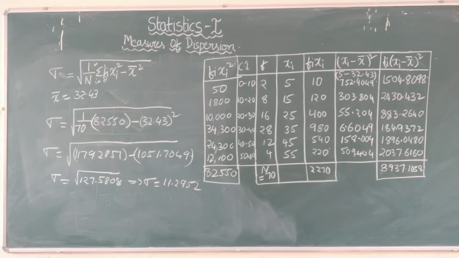Now we'll continue with the next problem. The next problem is related to the variance of the composite series. Two classes back, we have seen the variance for composite series. Now we'll see how to calculate the variance when the composite series is given.